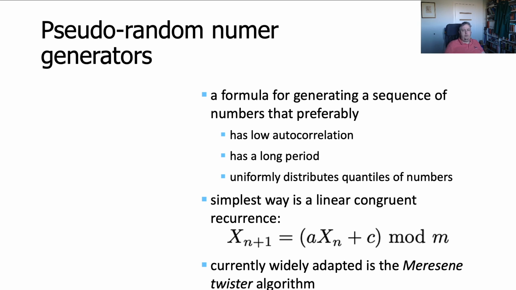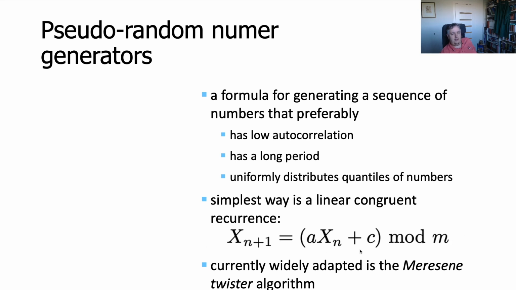The simplest possible way to generate random numbers is the so-called linear congruential recurrence, which uses the congruency concept. That is, we have a function that computes the modulo of a certain linear combination of the previous number times a plus c, and computes its modulo given m.